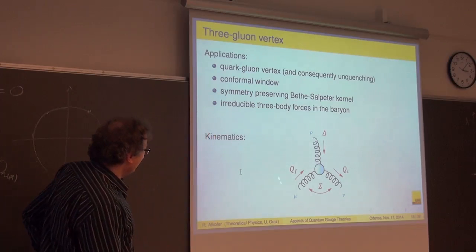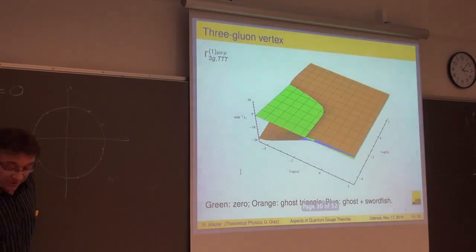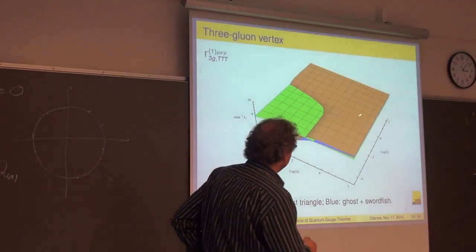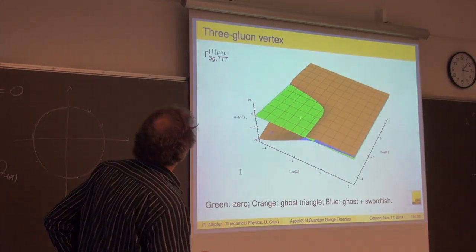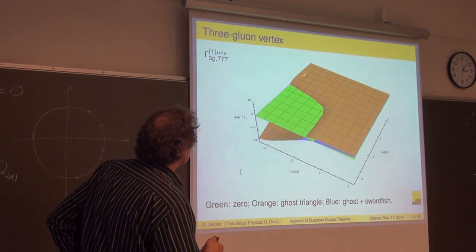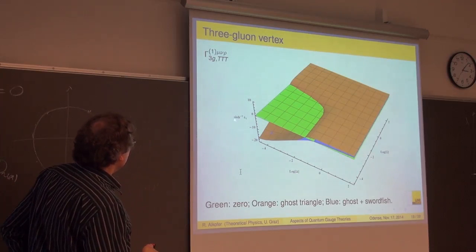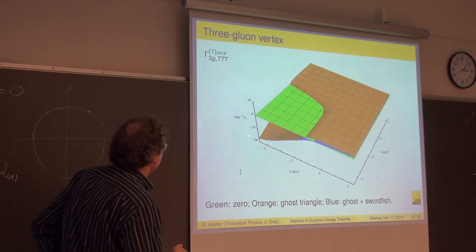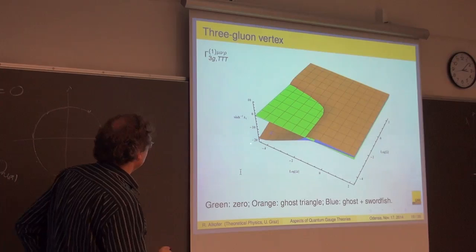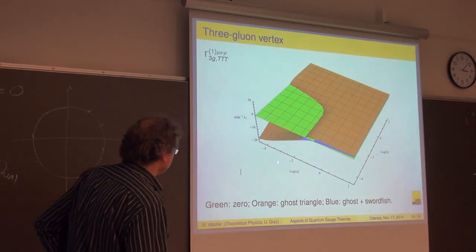So we really want to know how this thing behaves, and that's what the solution looks like for the leading tree-level tensor. So what's here? The green line here is simply a zero. I have plotted it in a very fancy way: I have plotted the area sinus hyperbolicus of a 1. Why? Because then for large values it's a logarithmic scale, and for small values it's a linear scale.